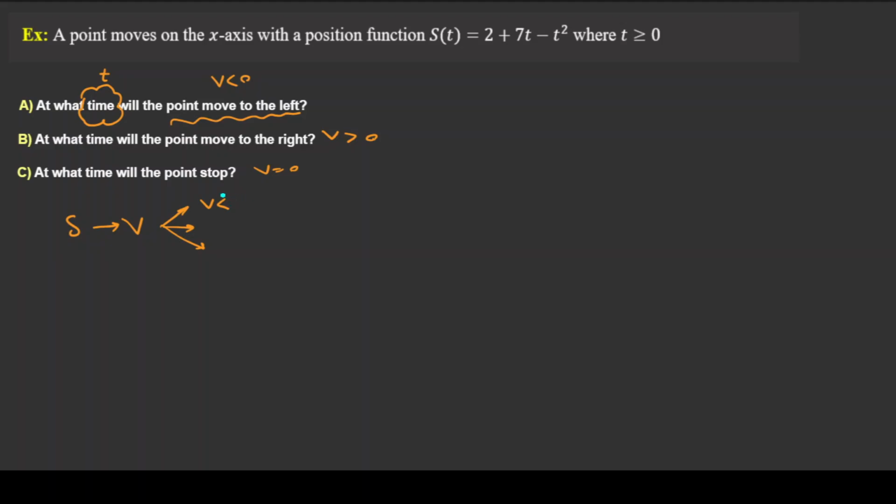Velocity less than 0, and then find t. Part B, at what time will the point move to the right? Then velocity positive, and find t. At what time will the point stop? Velocity equals 0, and then find t. So this is part A, B, and C. I'm going to solve it.